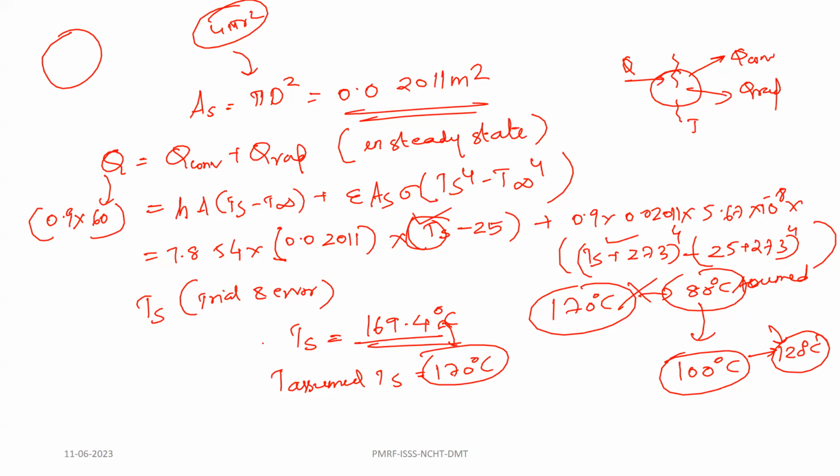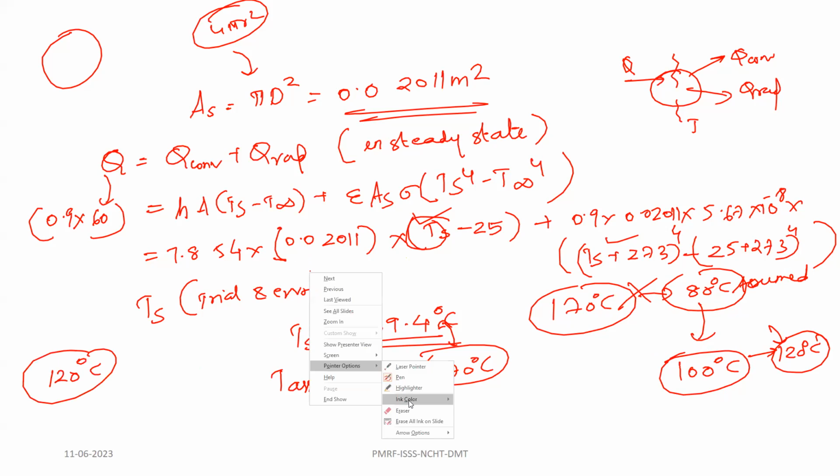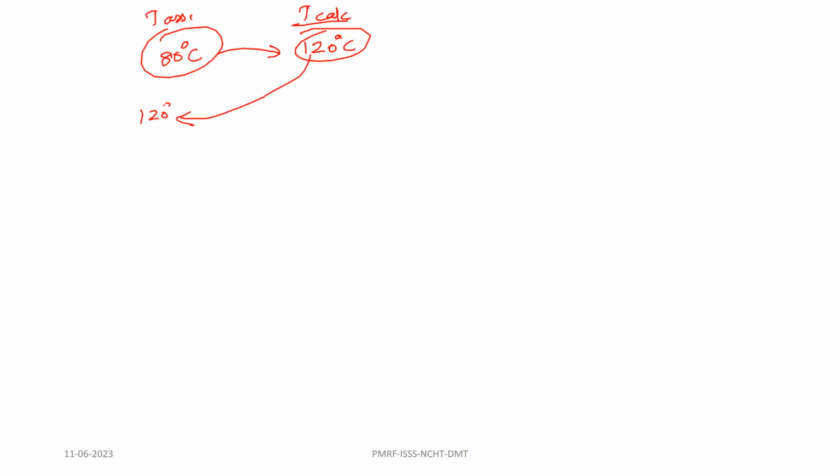What we will do is start the calculation again with 120 degrees Celsius. So it is like an iterative procedure. I assumed 80 degrees Celsius and by energy balance I got 120 degrees Celsius. Now this is T assumed and this is T calculated. Now I will use that 120 degrees Celsius to evaluate all the properties.